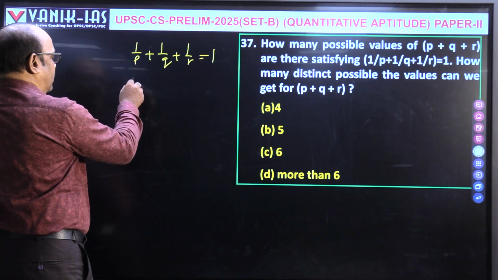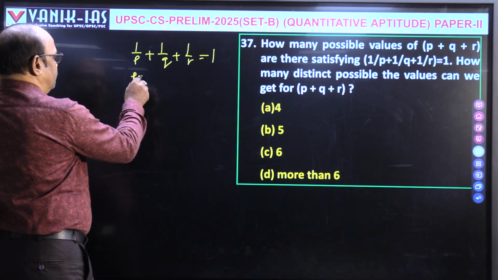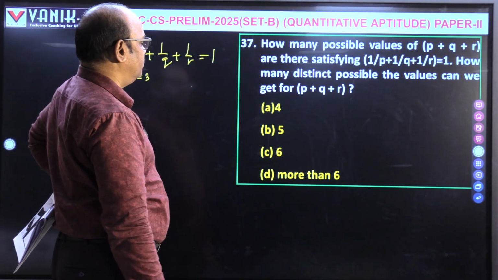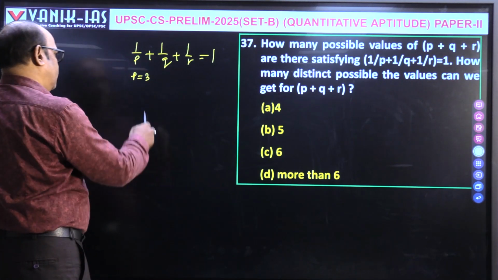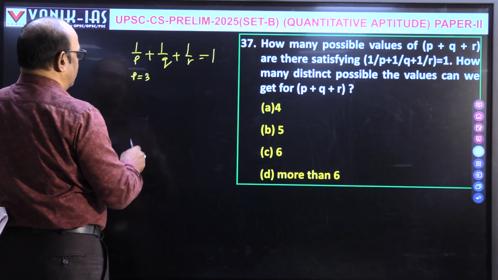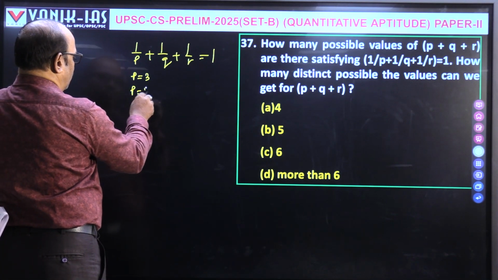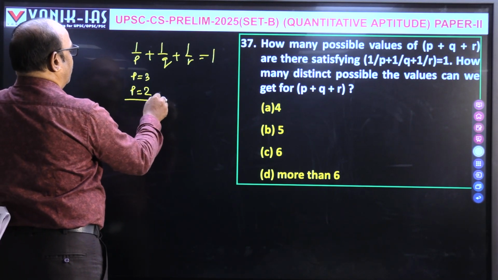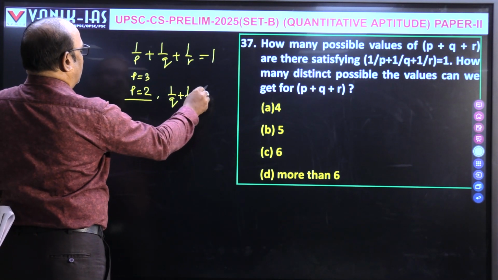So first case, if we take P equal to 3, that is also a possibility, because 1 by 3, 1 by 3, 1 by 3 makes 1. So there are these possibilities: P equal to 3, or P equal to 2. If P equal to 2, then 1 by Q plus 1 by R must be 1 by 2.